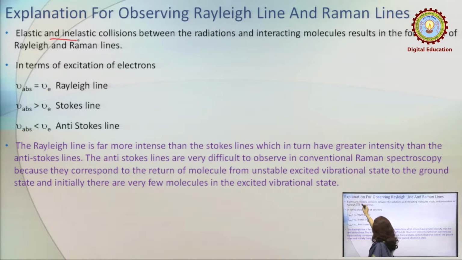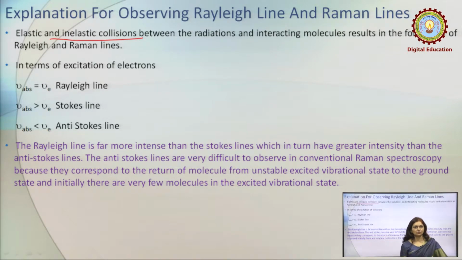Elastic and inelastic collisions between the radiation and the interacting molecule result in the formation of Rayleigh and Raman lines.